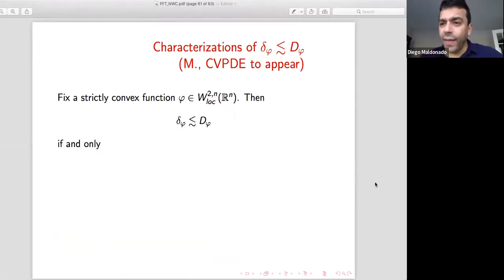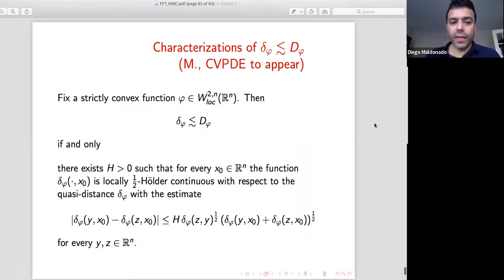And another way of characterizing this property, always trying to play with the geometric flavor of this, is the following. We have our strictly convex function phi in the nice Sobolev space. Then delta controlled by d is equivalent to this. Remember, you have this quasi-distance. Let's fix the second spot at x naught, and then I have a function of the first variable. So I'm just measuring the distance to x naught.